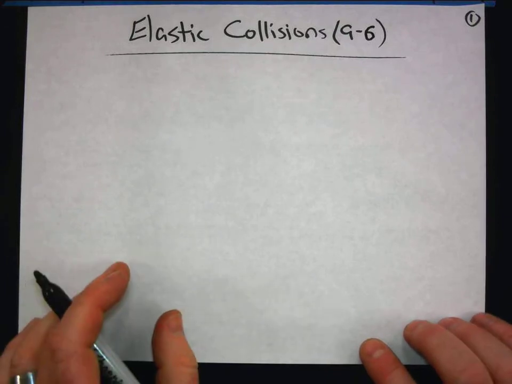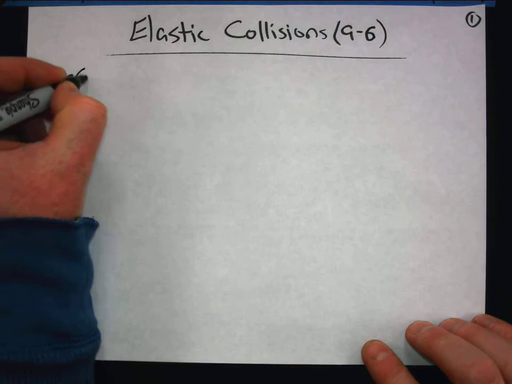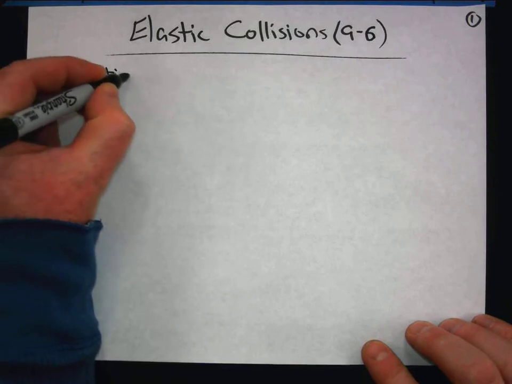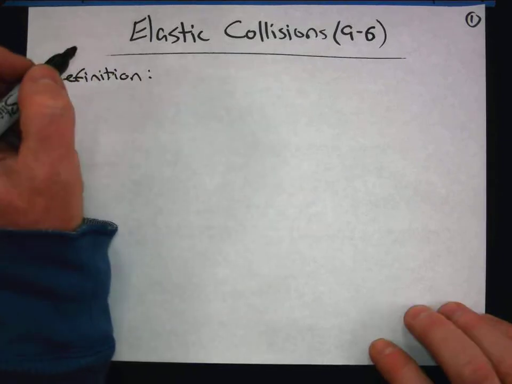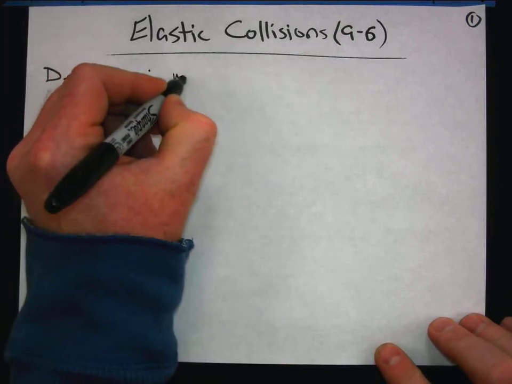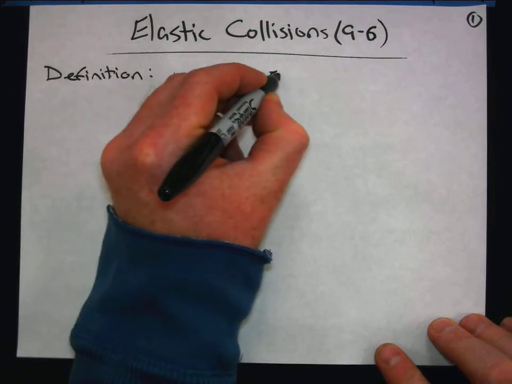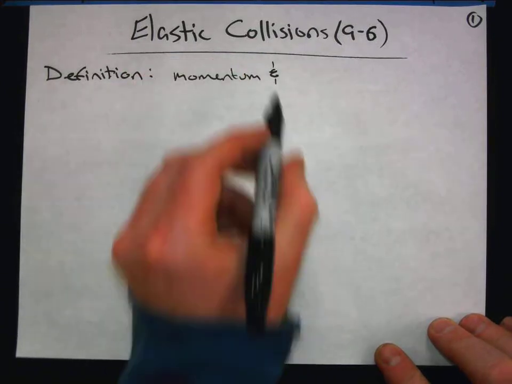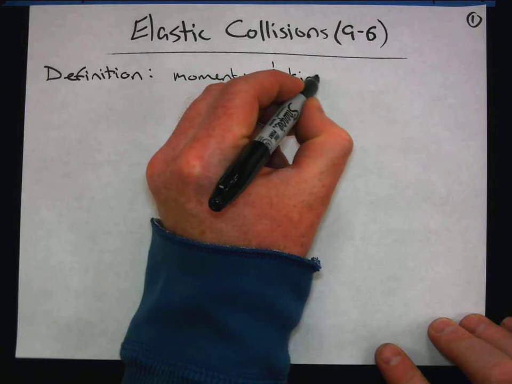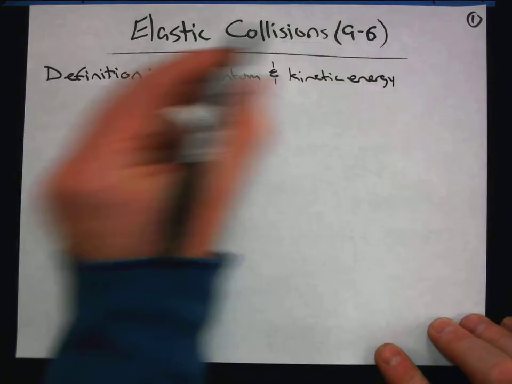So, to start things out, the definition of an elastic collision. Well, it's a collision between objects where both momentum and kinetic energy are conserved.